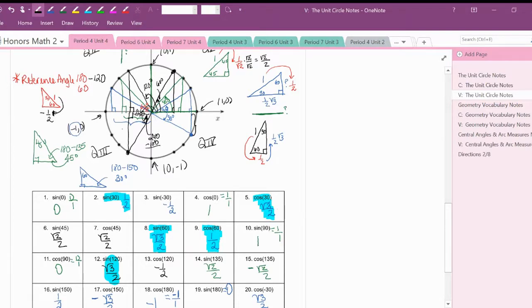So the whole 240 we travel, subtract off the 180 that we did not, and we are going to end up with 60 again. Now this time, both the x and the y coordinates are negative. So both the sine and the cosine of this angle would be negative.